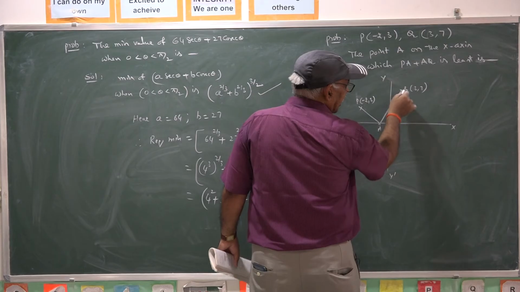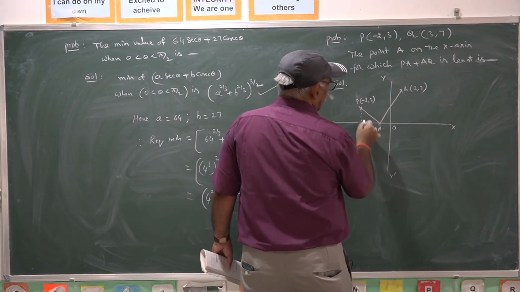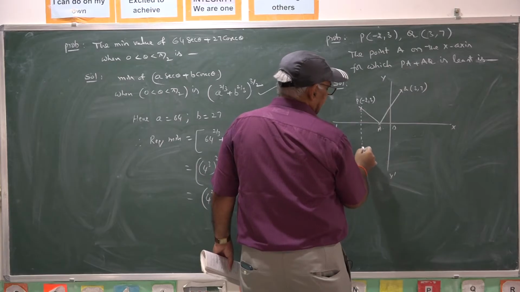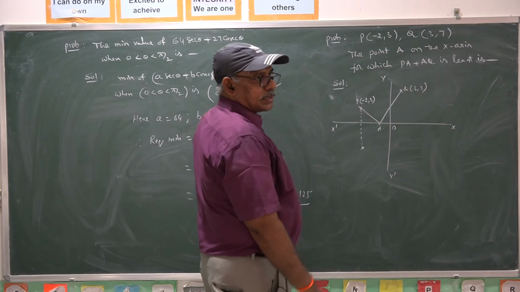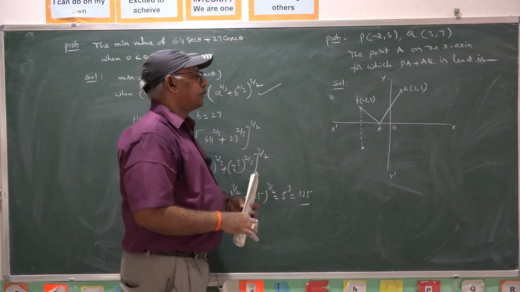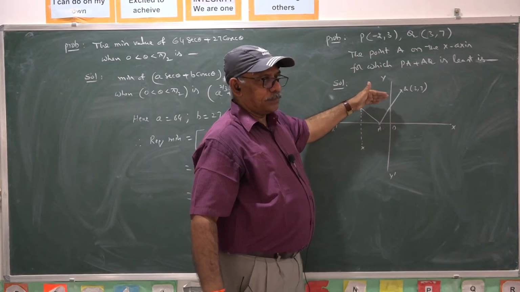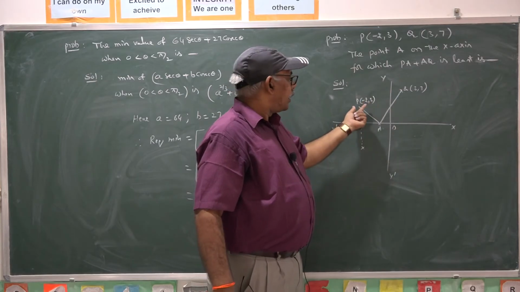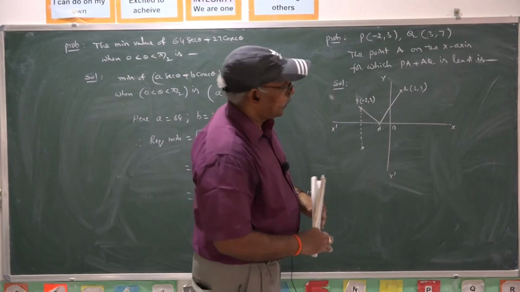To minimize PA and AQ, find the image of P in the x-axis. Once both P and Q lie on the same side of the x-axis, this is more important. Once P and Q lie on the same side of the x-axis, take the image of one point in the x-axis.